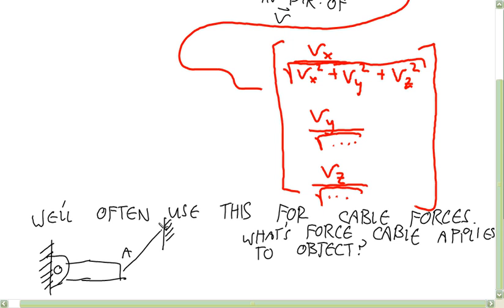So let's call this point A and this point B. We don't want to just use, say, Fx, Fy, so you know it's the force we're talking about, because that's two variables, and to solve two variables, you need two equations, right?